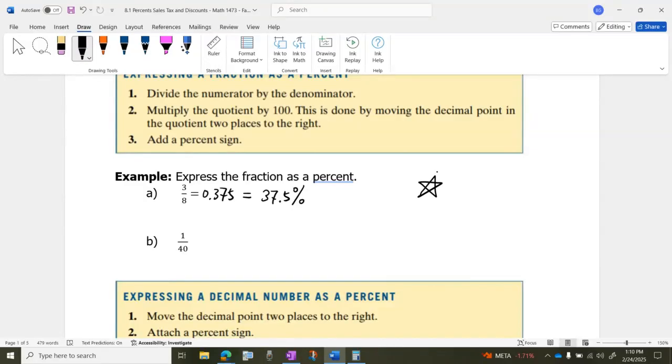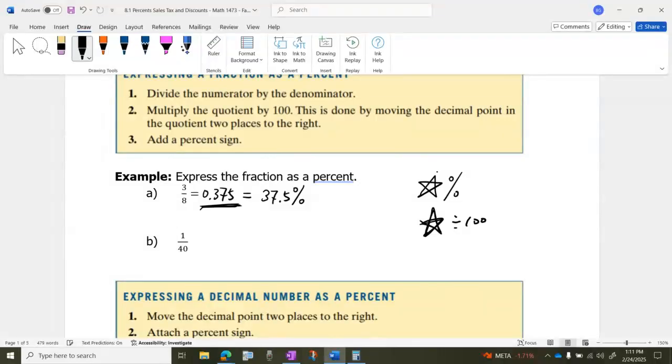When you attach the percent sign behind the number, remember percent means divided by 100. We are actually dividing the number by 100. When we divide the number by 100, we make the number 100 times smaller. To balance that, you have to make the number 100 times bigger. You know what I'm saying?